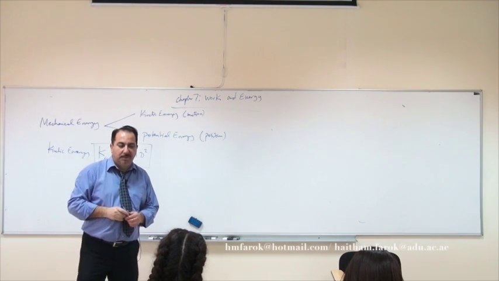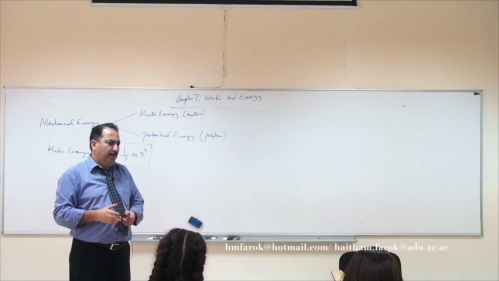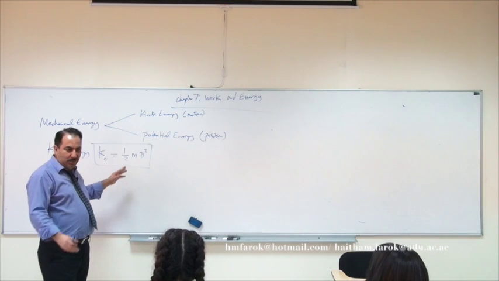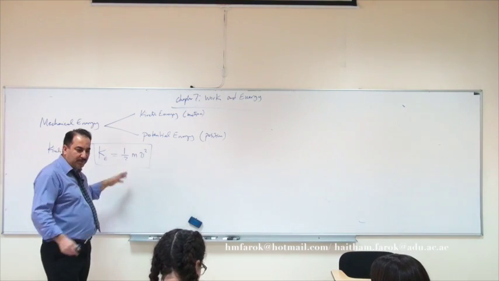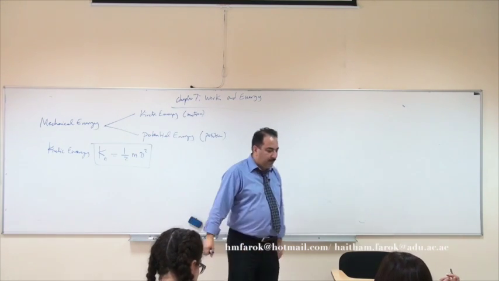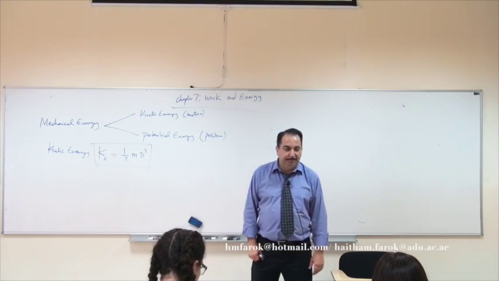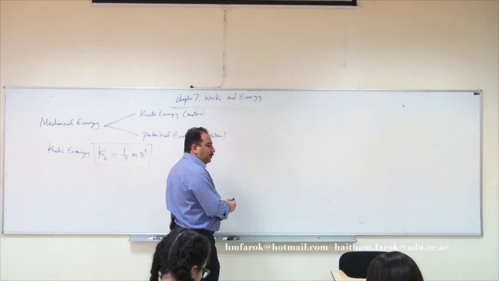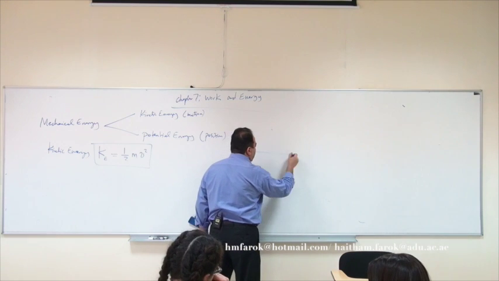Of course, the normal question is, where did this one come from, yeah? It's not like we just suddenly discovered this half mv squared. We have a reason for it. So let's see where this one came from. Let's go back to the example of the chair. Let me draw it here. But this time, I just draw it as a block here.